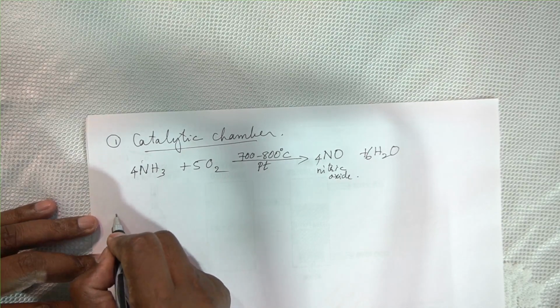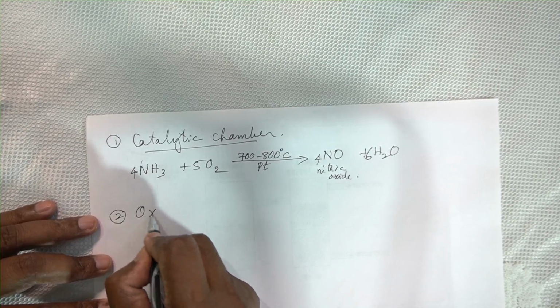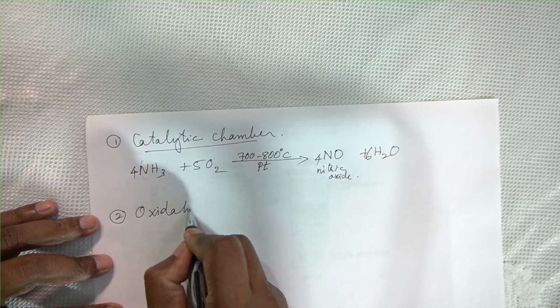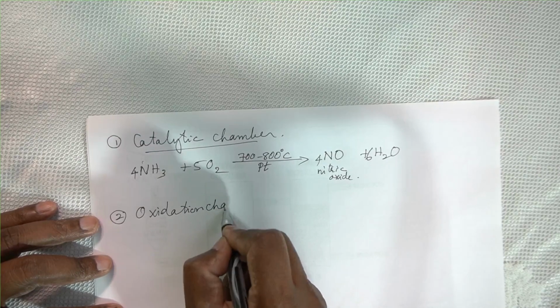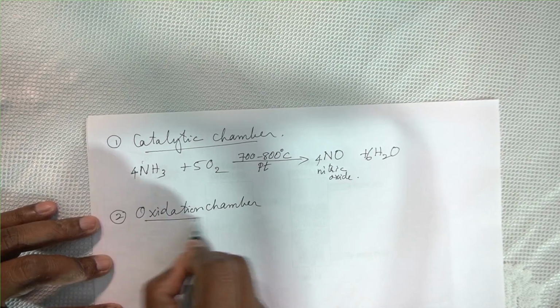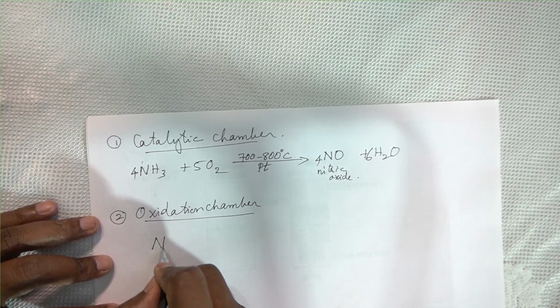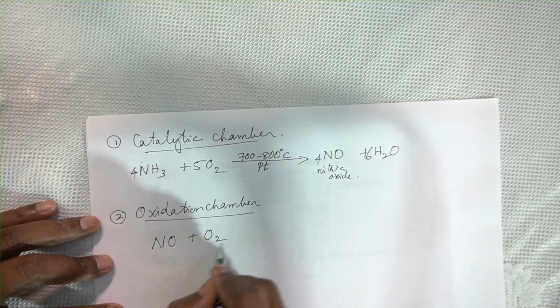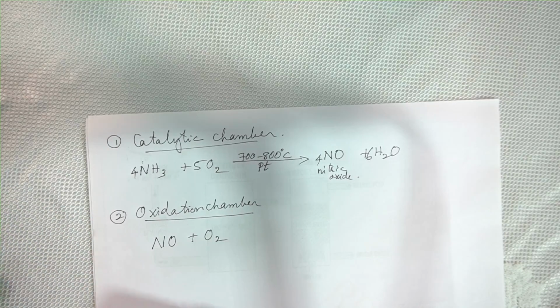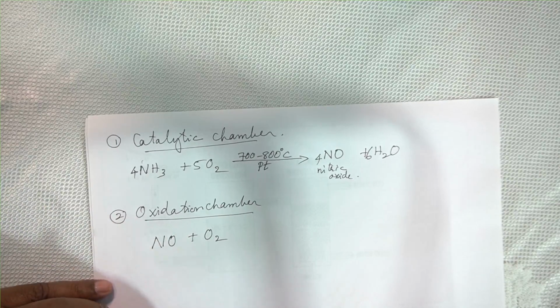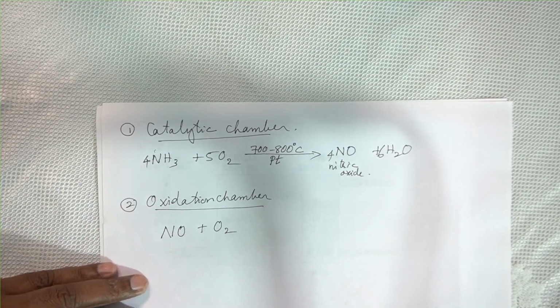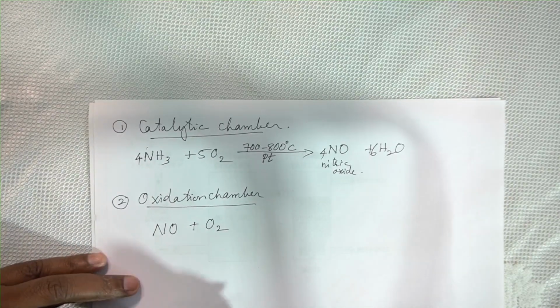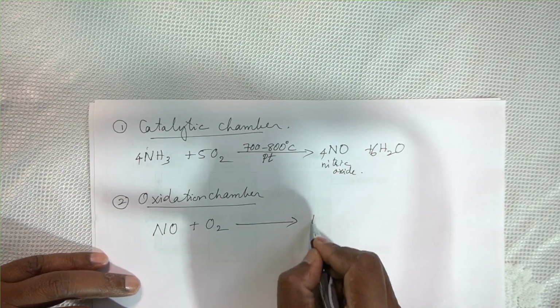The next chamber is called the oxidation chamber. What happens in the oxidation chamber? The nitric oxide obtained in the previous stage combines with oxygen here. The gas is allowed to expand into a large chamber. They combine to give nitrogen dioxide, NO2.